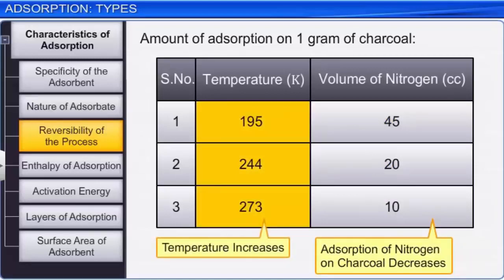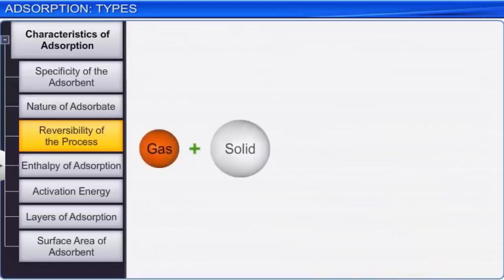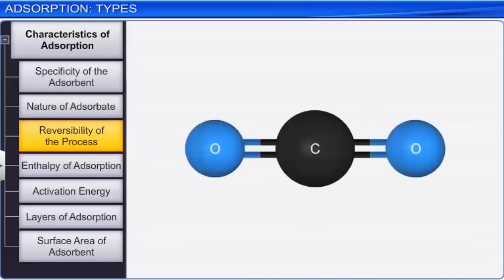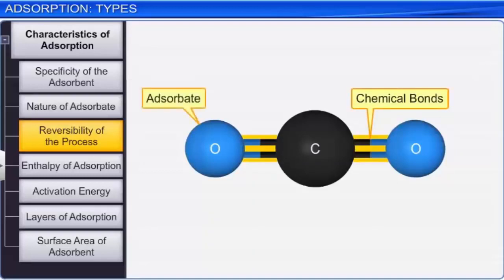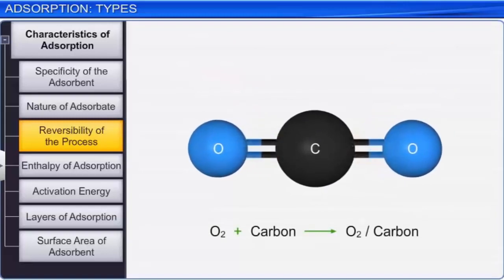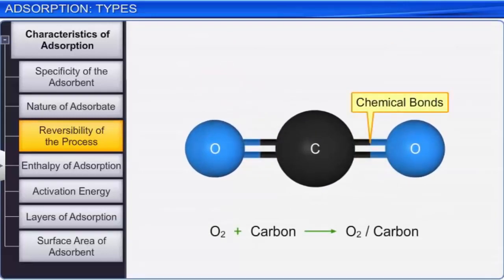Thus, we can say that physical adsorption is a reversible process due to the presence of weak van der Waals forces of attraction. However, during chemical adsorption, chemical bonds are formed between the adsorbate and the adsorbent molecules. For example, when oxygen is chemically adsorbed on carbon, to reverse this process, there is a need to free the adsorbed gas.